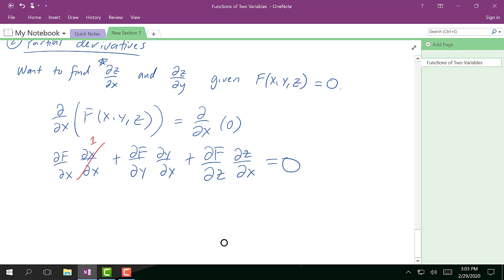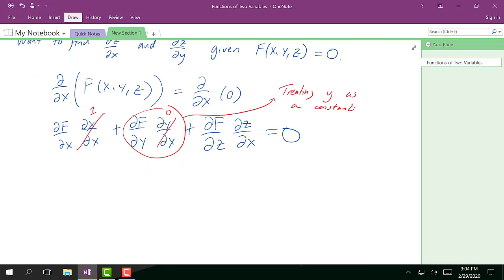And what we do here is say that this is equal to 0. The reason being that we're treating y as a constant, which is sort of our tacit assumption here, in which case this whole term goes to 0.